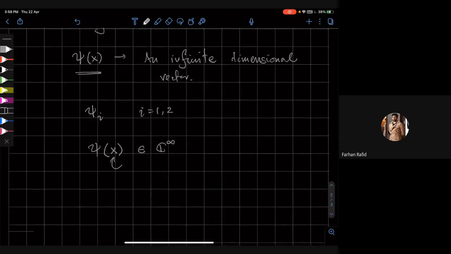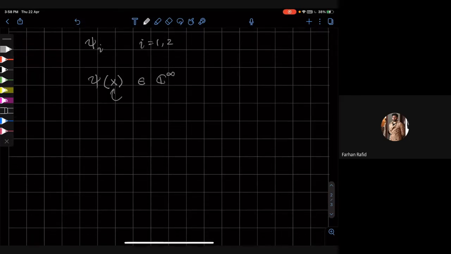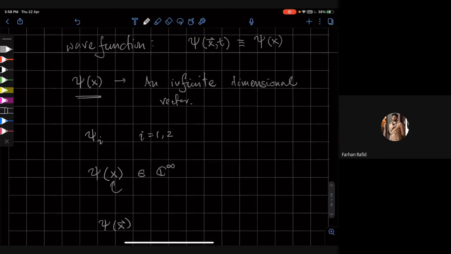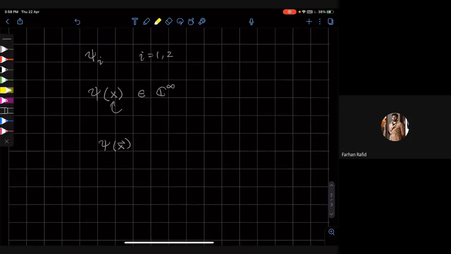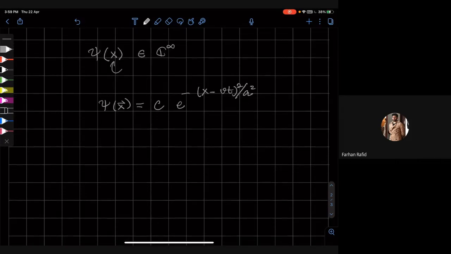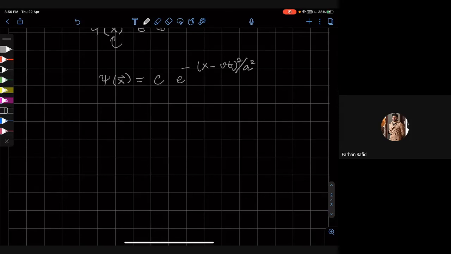Okay. So an example of a wave function, so these are called wave functions. An example of a wave function, say at a given time, is going to be, say, some normalization constant times e to the power minus (x minus vt) whole squared by a squared. So what will this wave function look like? It's just x dependent.